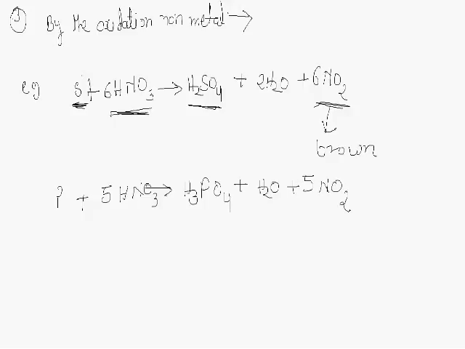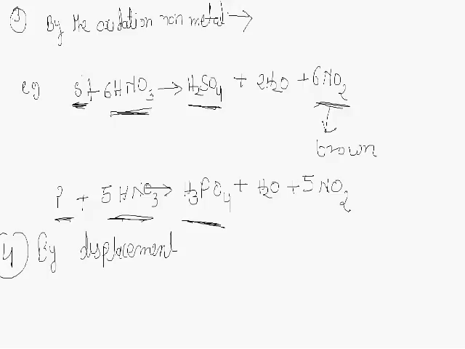So, by the oxidation of phosphorus with HNO3, we can obtain another acid, that is phosphoric acid. And next, the fourth preparation of acid is by displacement reaction.